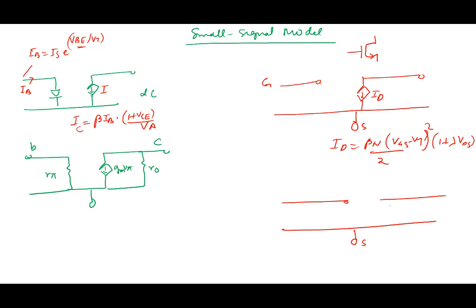Between drain and source, we put a current source, the same current source like GM, but we call this voltage small signal VGS, so GM VGS, and we put R0, same R0. So this is the gate, this is drain, and this is source.